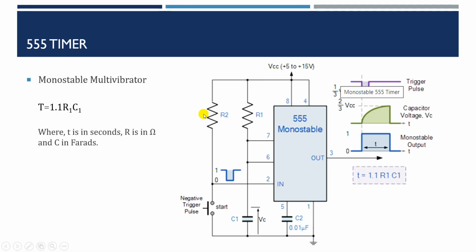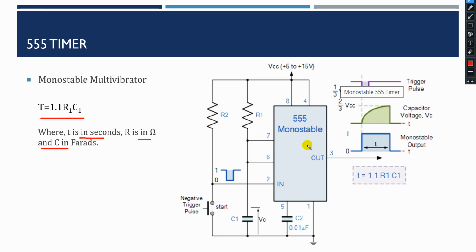Okay, you can see here a monostable multivibrator. The time is calculated by 1.1 into R1 into C1, where T is in seconds, R in ohms, and C in farads. Here you can observe it's in monostable operation.